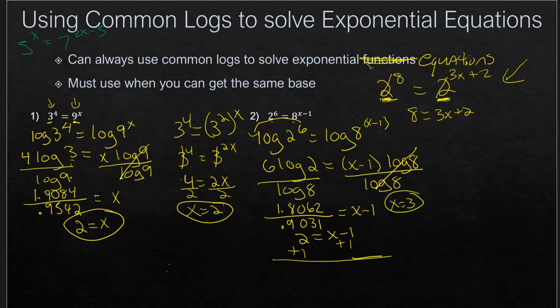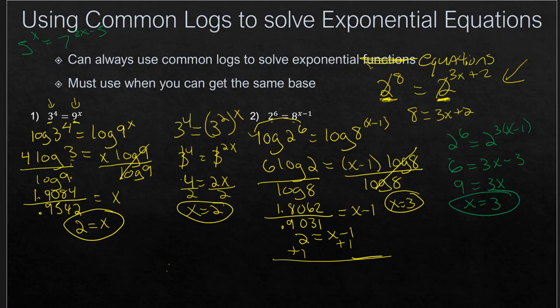So let me just show you what would have happened if I did this in the exponential form. I'm just going to do it quickly. I would get 6 equals 3x minus 3, 9 equals 3x, x equals 3.